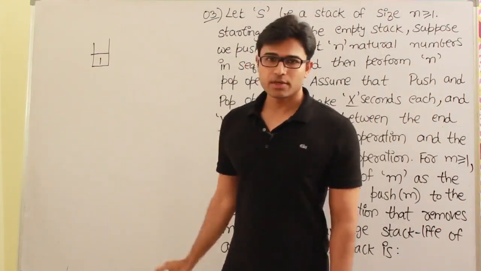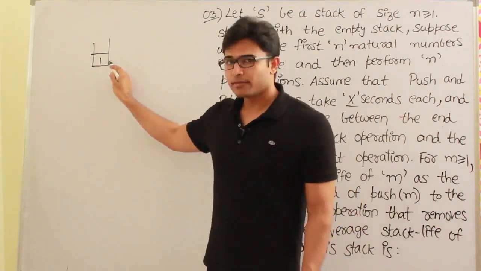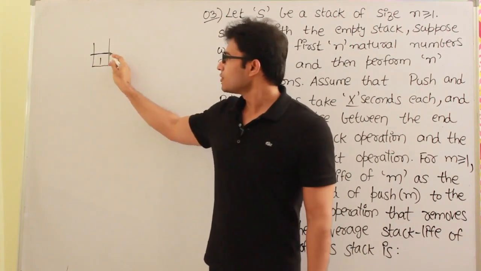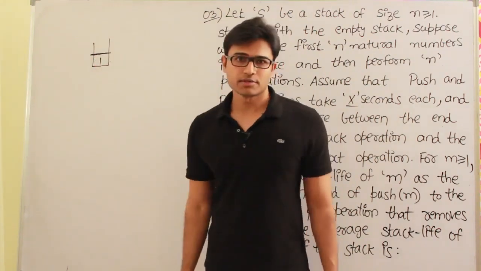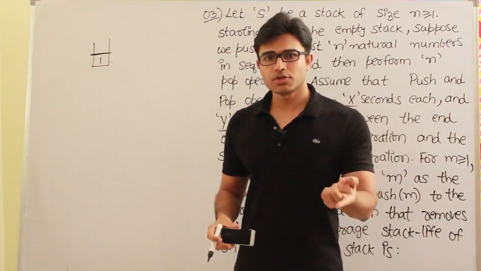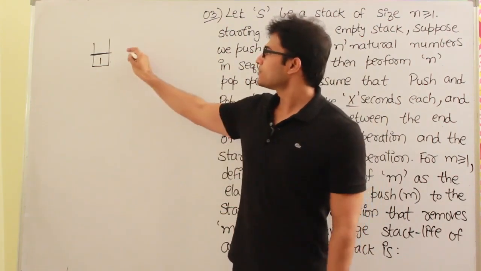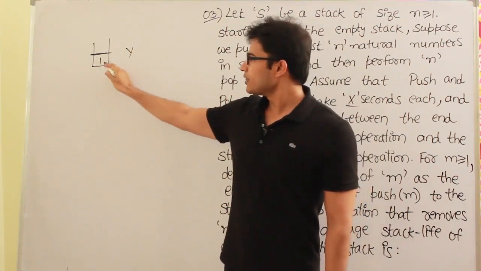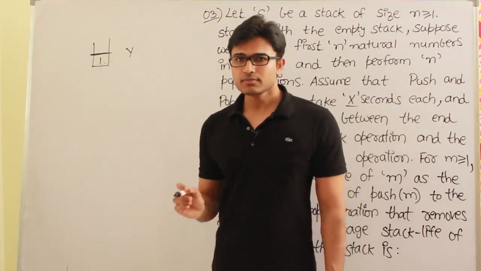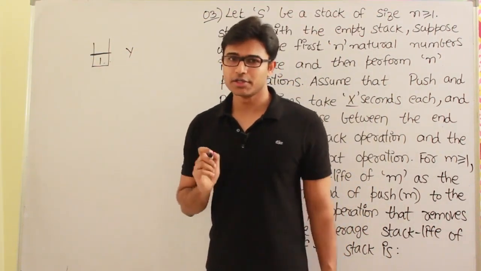Then what about the lifetime of 1? After pushing 1 and before popping 1, how much time has elapsed? Only the time between two operations. They already said that between a push and a pop, the time elapsed is y seconds. Therefore 1 will be inside the stack only for y seconds. See, try to understand it carefully. It is very simple.